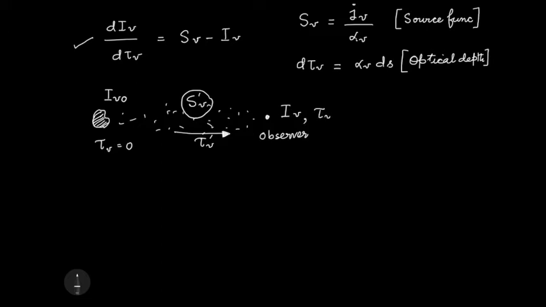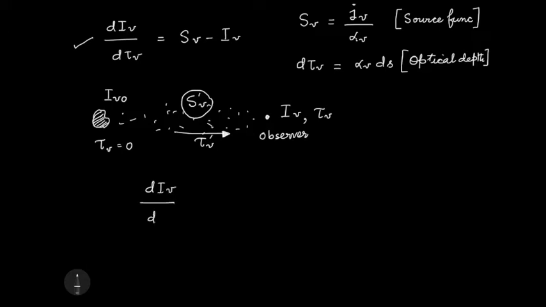So in between, at any point, I will denote this with primes. At this point, tau will be tau nu. That is how you do differentiation and integration usually. These are the running variables which I have written in terms of primes.